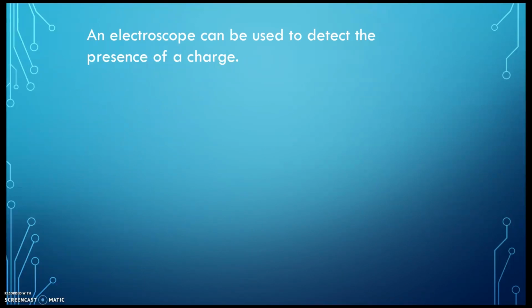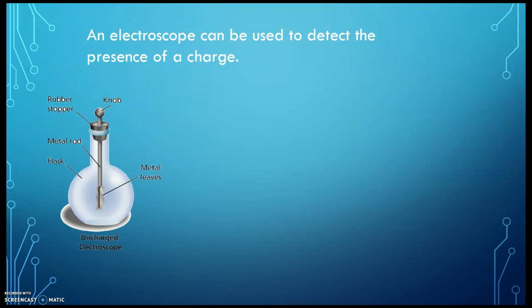In one of the videos you guys saw an electroscope that was built. An electroscope is used to detect the presence of a charge. Okay, so you usually have some sort of knob with a rubber stopper and a metal rod going down through there. In the video, I think they used a paper clip with some metal leaves or foil on the bottom.